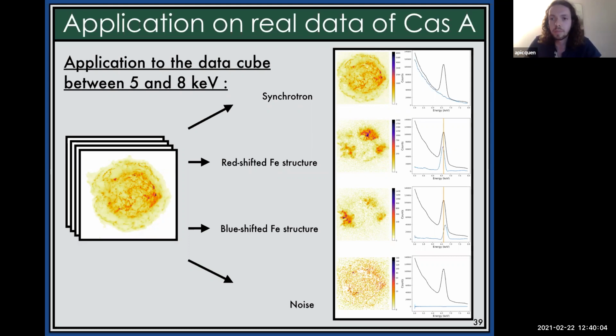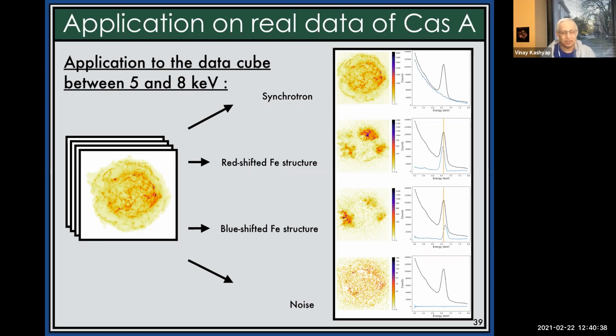For the Cassiopeia A data, it's about 1 minute to run, so we can test a lot of different numbers. In the beginning, we tested 2 or 3, and other numbers. At 5, for example, most of them are completely not meaningful, but at 4, we had something really interesting. For all the applications that I will show, we tested a lot of different numbers, and we just selected the interesting ones.